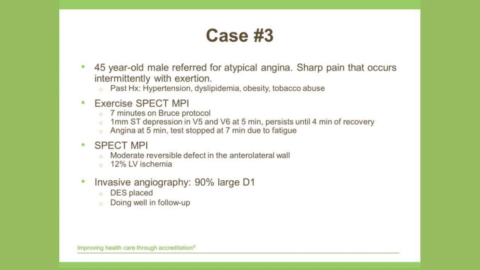He had angina, but the test was stopped for another reason, due to fatigue, not due to his angina, and this becomes important. He had moderate reversible ischemia in the anterolateral wall, 12% LV ischemia, and underwent invasive angiography and had a 90% large diagonal where he had a drug-eluting stent placed, and he's doing well in follow-up. So we'll label this one as positive ECG changes and imaging.